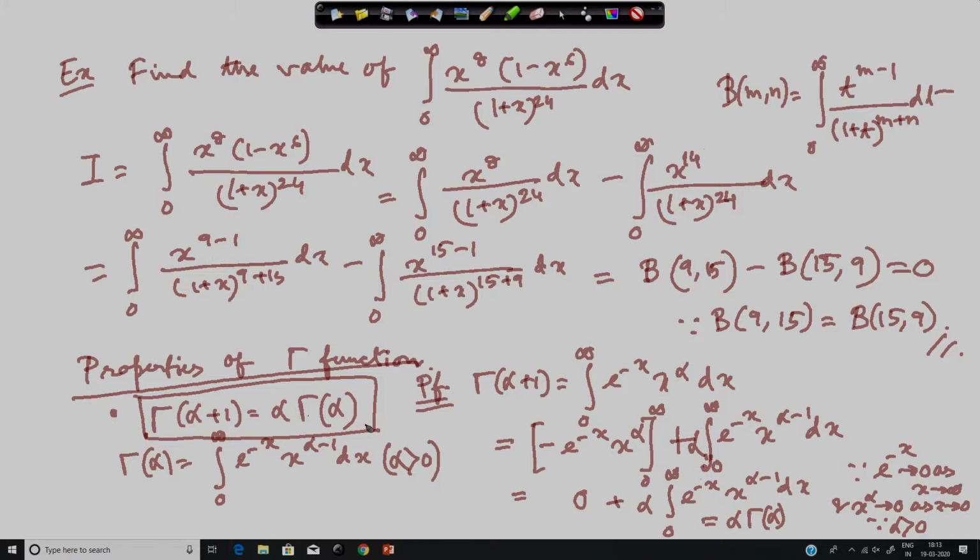And then next, based on this property, let us find what will happen to gamma n plus 1 when n is a non-negative integer.